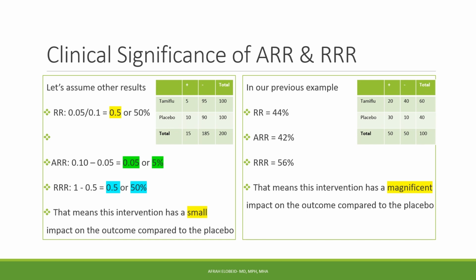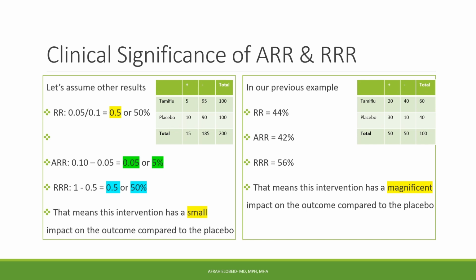The absolute impact of this intervention is big, which is 42%. That's the only way that we can make our judgment regarding the significance of our intervention, by making this comparison between the two figures.